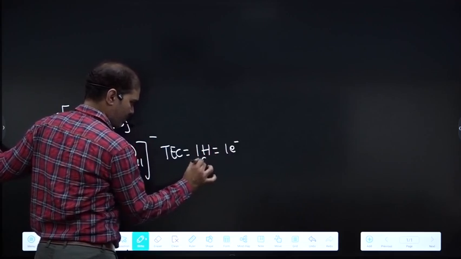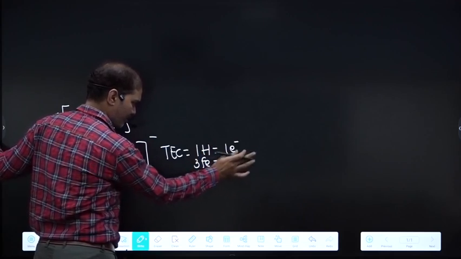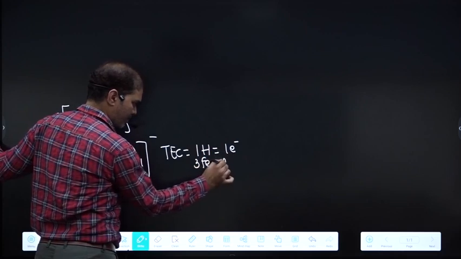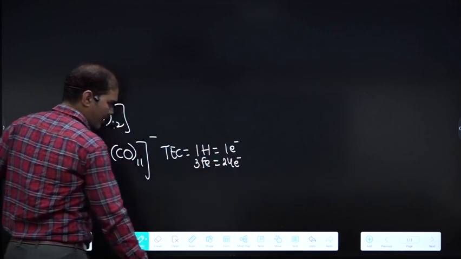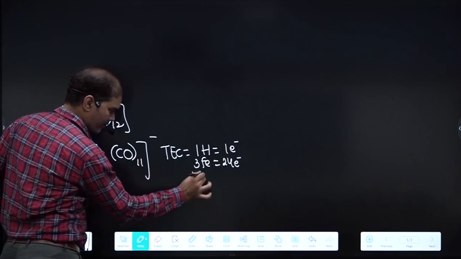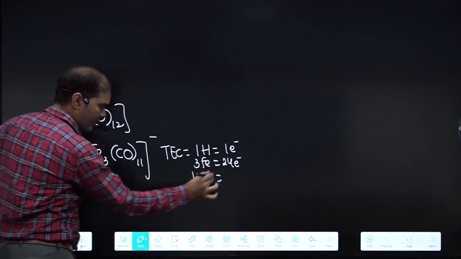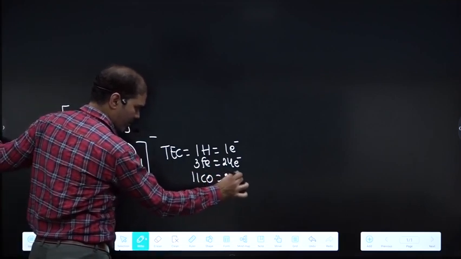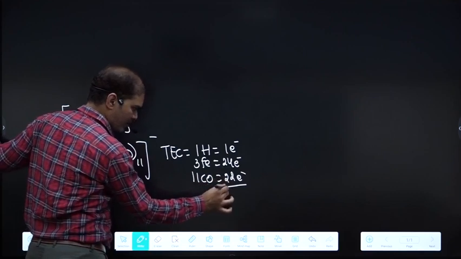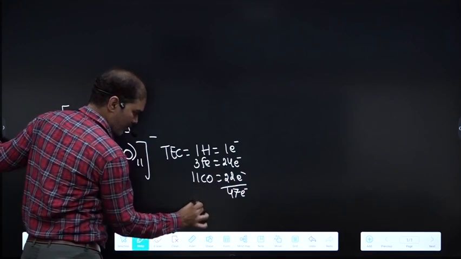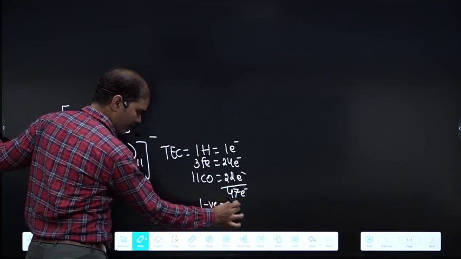1 hydrogen is 1 electron. 3 irons, 24 electrons. 11 carbonyls, 22 electrons. So it is 47. 1 negative you have to add.